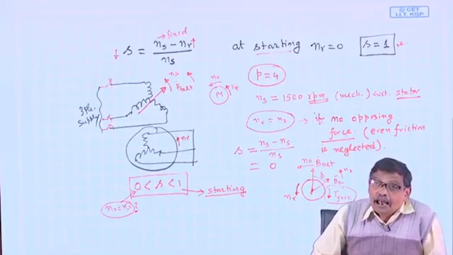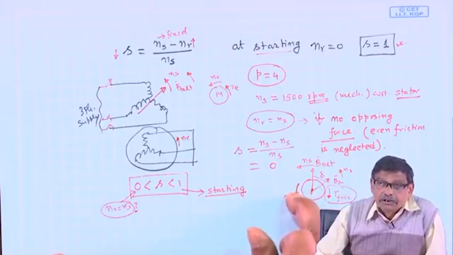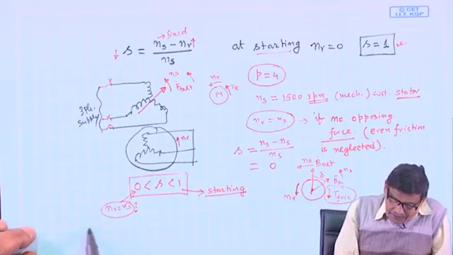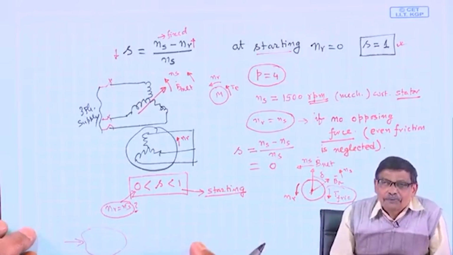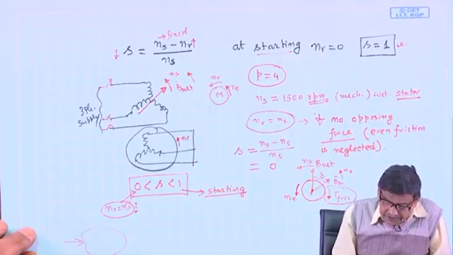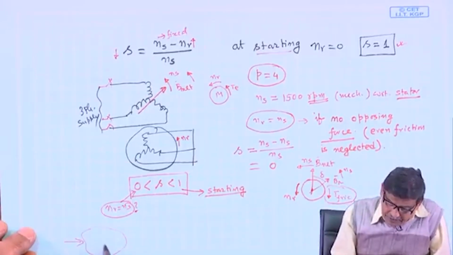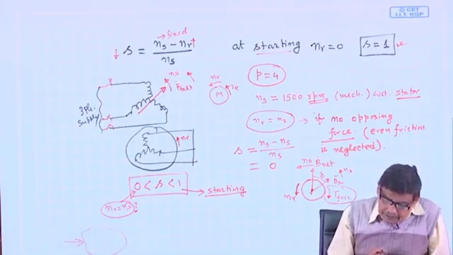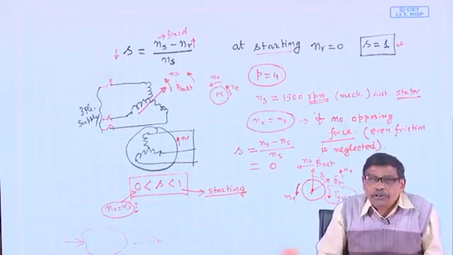First of all, the rotor will start accelerating only if your starting torque at s equal to 1 is greater than T friction. Like you have a very big rock, you push it, it will not move. It means that the frictional force already present here, you have to overcome that friction torque, and the value of frictional torque of course depends upon mg into mu, something like that. Therefore, unless you apply this much force, it will not start moving.